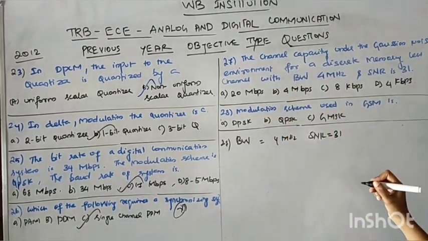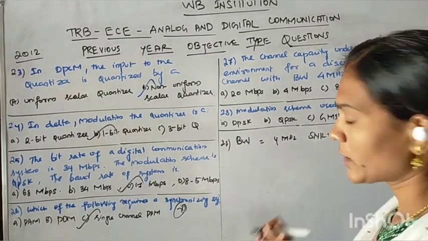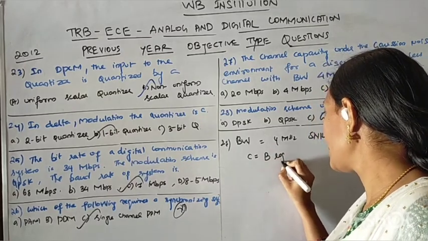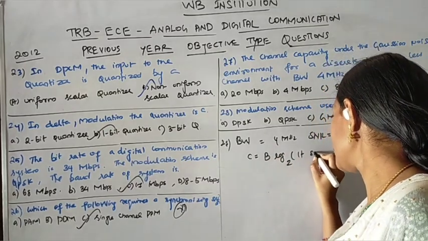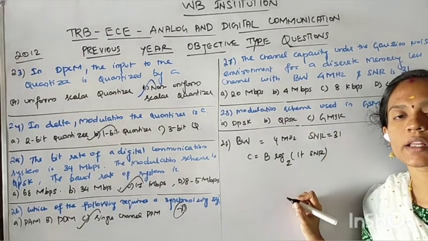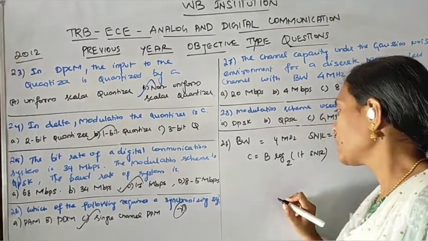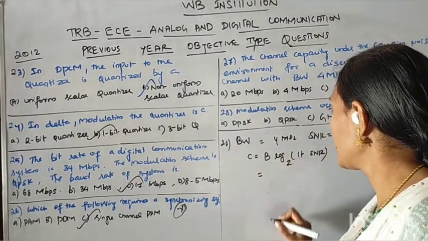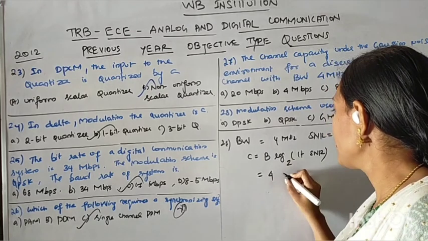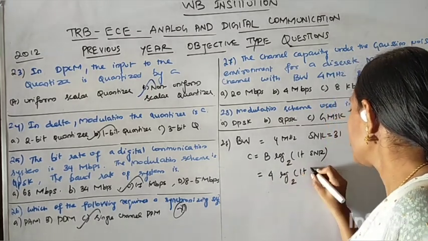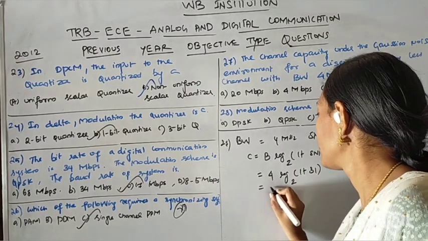Okay. So we know the channel capacity formula. C is equal to B log 2 of 1 plus SNR. This is the formula for the channel capacity of the Gaussian noise. So we substitute: bandwidth is 4, log 2 of 1 plus SNR value 31.